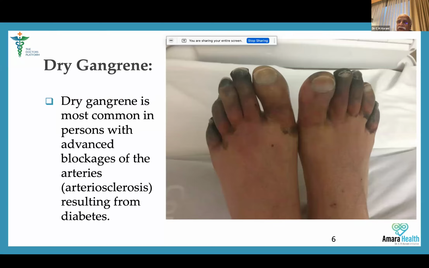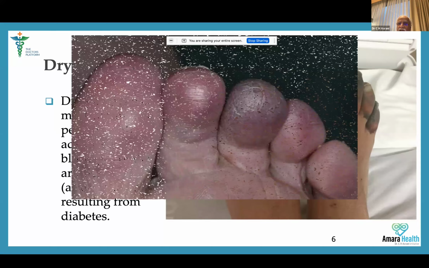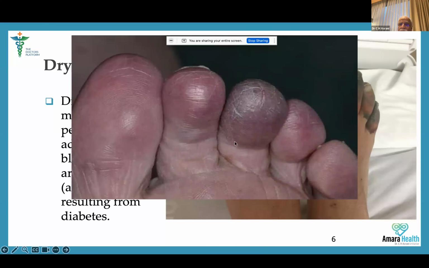Gangrene of crush injury is always wet gangrene or moist gangrene. Look at this now. The middle toe is gangrenous and other toes also are not looking healthy. It's unhealthy pink. This is the place when we have to start identifying gangrene.